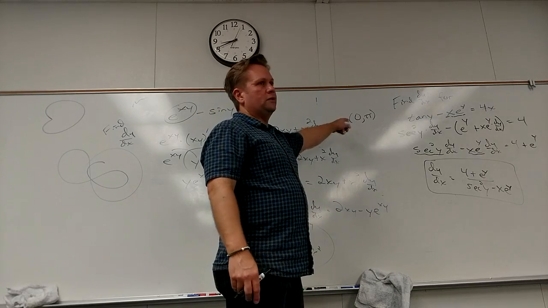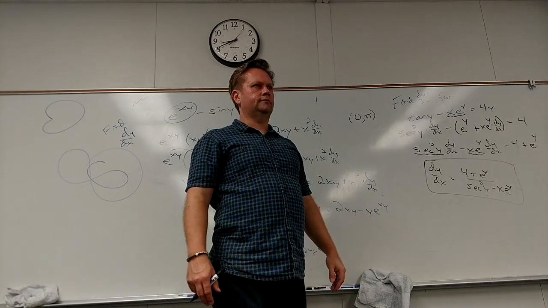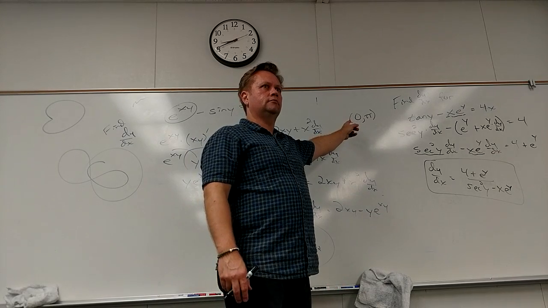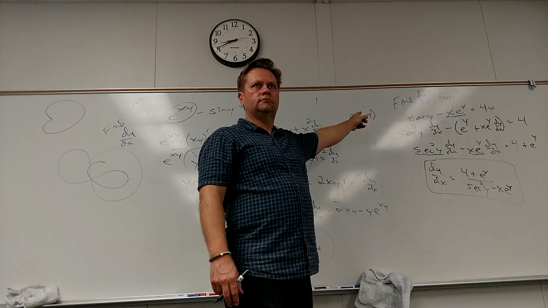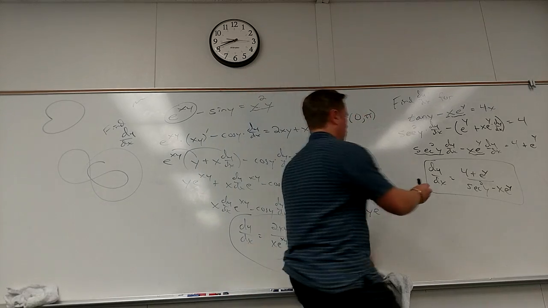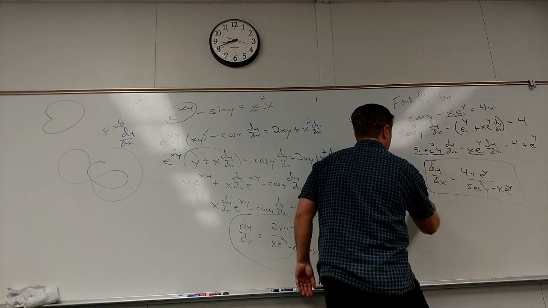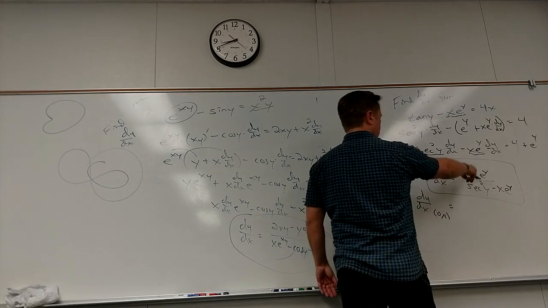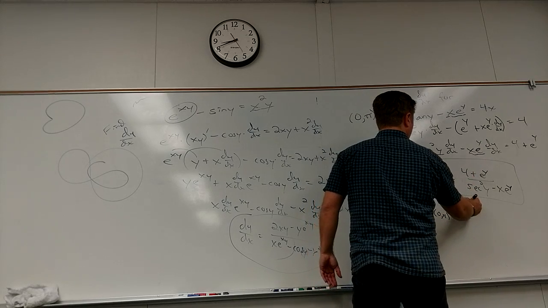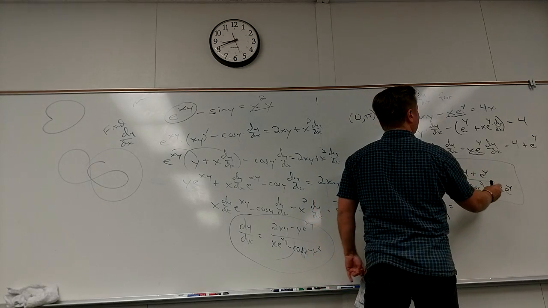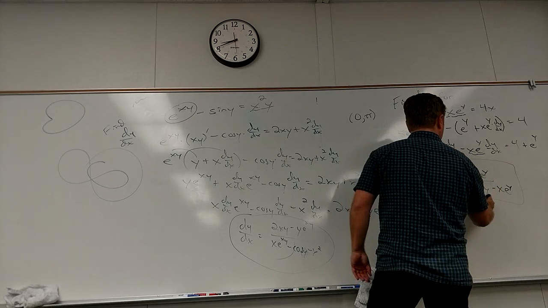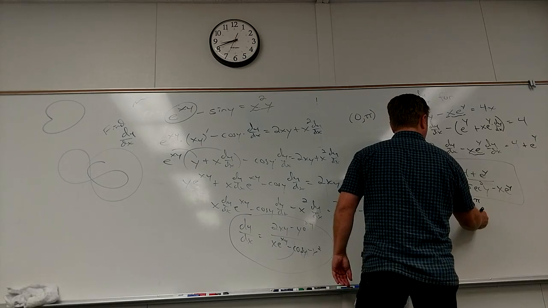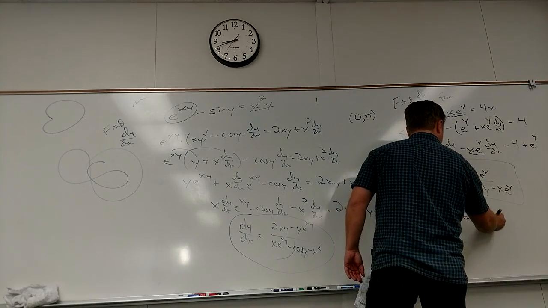So how do I find the slope at 0 pi? What's x? And what's y? And then you just plug them in. So the slope, here's how we designate that with this notation. The slope at 0 pi is 4 plus e to the pi over secant squared of pi minus 0.